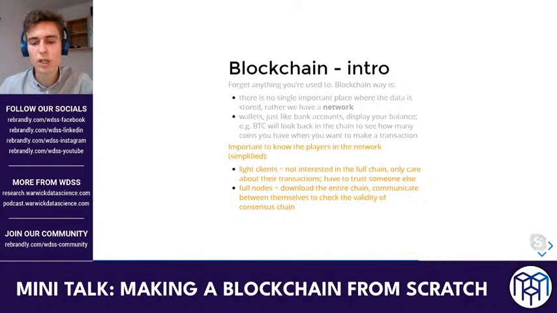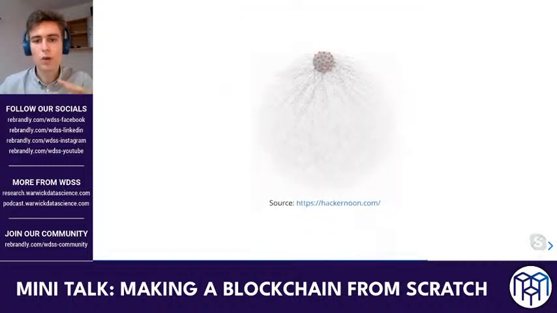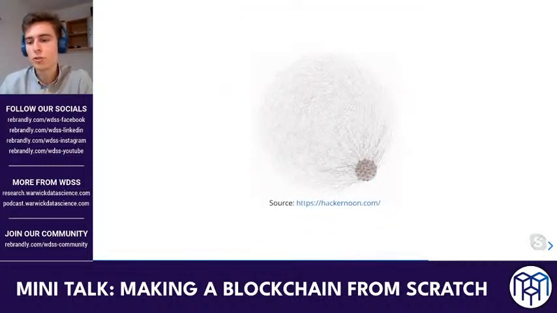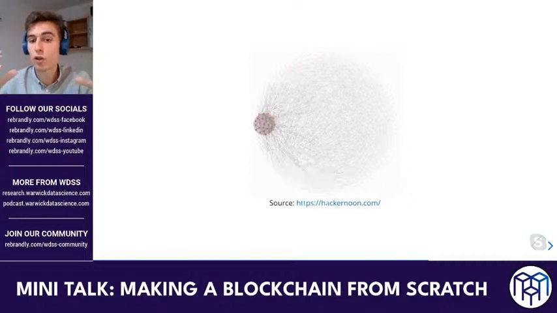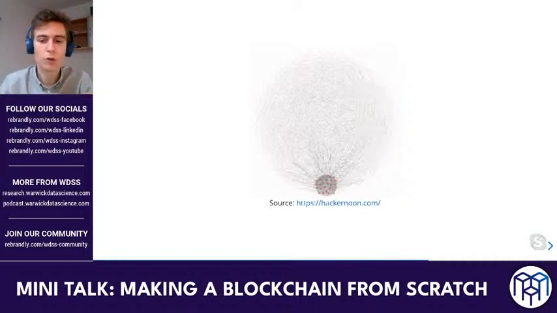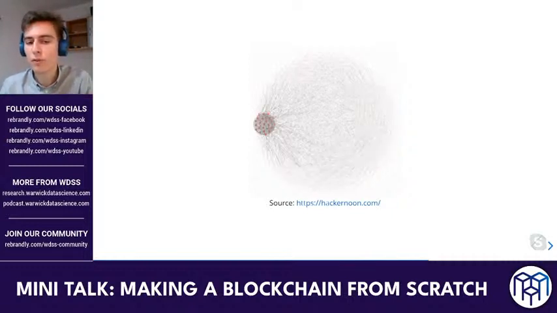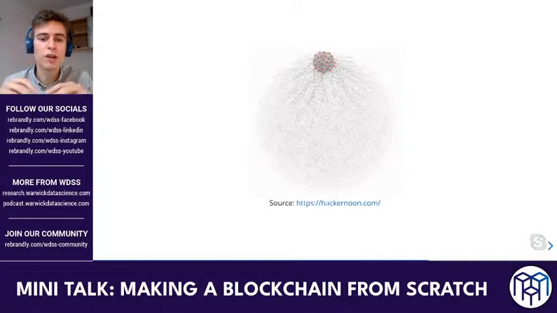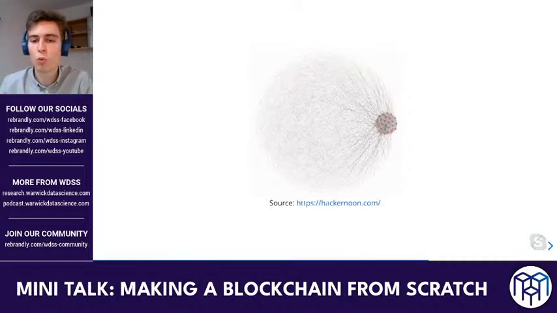So the full nodes are just like, imagine they are guarding the blockchain. So this is what I want you to imagine. You have a network and it's not fully connected, right? There are degrees of separation in it. So if you're a full node, you might be communicating with some other full nodes, but you'll never reach everyone from one jump.